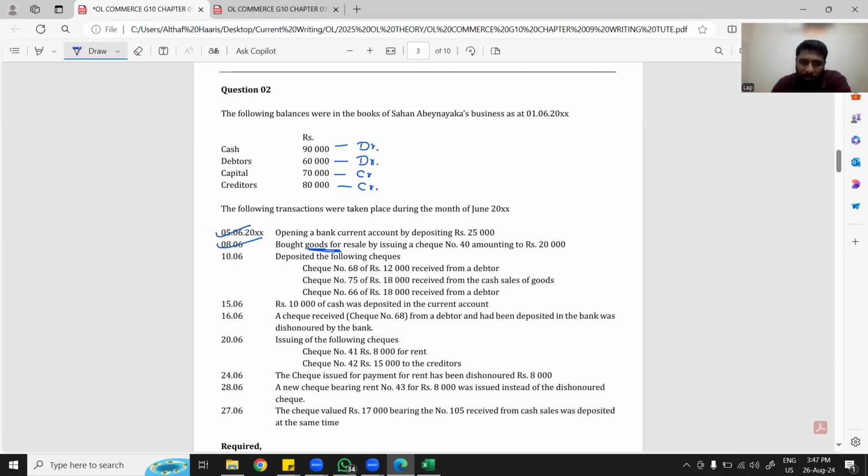Here I am going to make an assumption. These checks we received last month, and only now we are depositing.